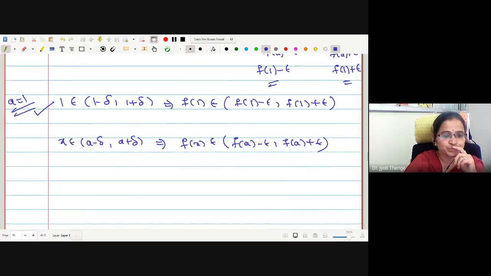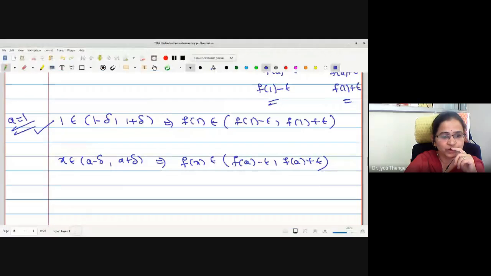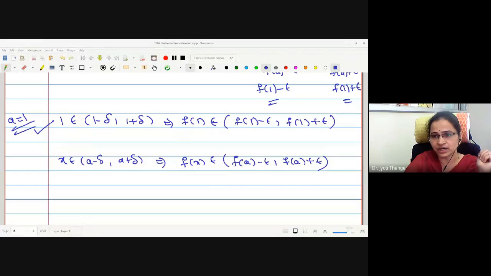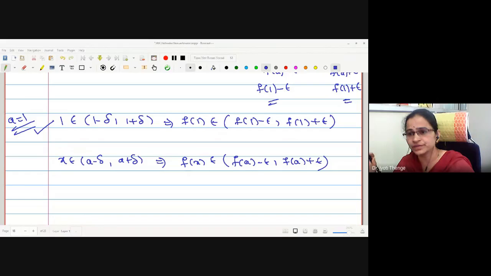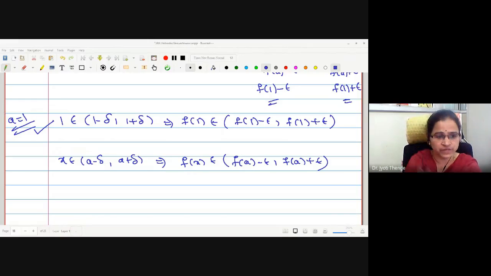Correct now? I don't know how many of you are getting me. If you have a difficulty, you can ask. Therefore, the conclusion from this definition is that all the functions defined on the integers are continuous functions, though they do not have a continuous curve.